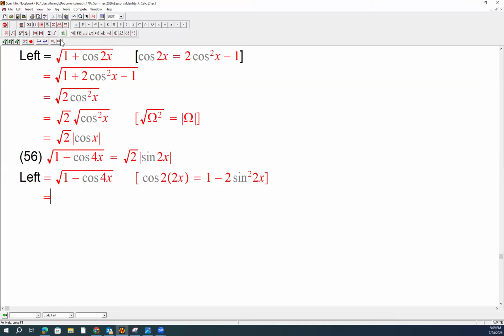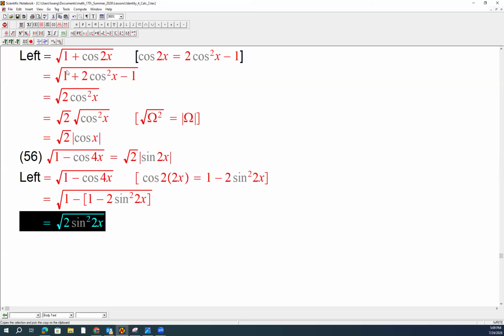So that piece is copied. Cosine 4x, I'm going to put in a bracket. In that bracket, we're going to substitute it by that equal. Okay. And open up the bracket. Right, 1 minus 1. And this will turn into positive. And we can drop this plus sign.